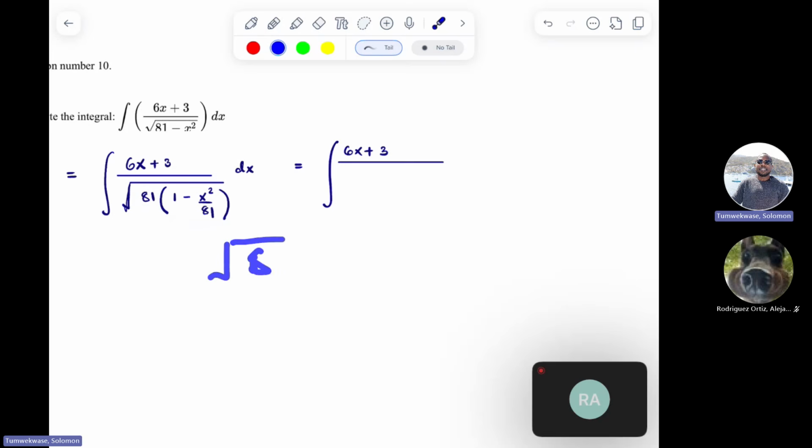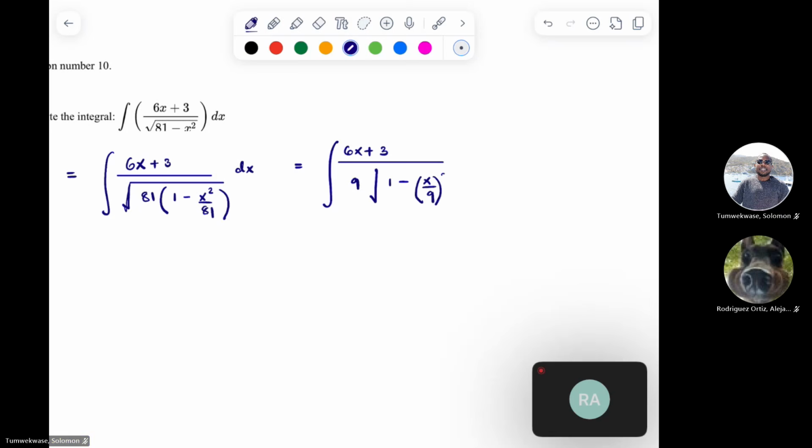Square root of 81 is the same as just 9. So this 81, when it moves out of the square root, it comes out as a 9. So this will be the same as 9, then times square root of 1 minus x over 9 squared, then dx. Okay, I hope that is fine.